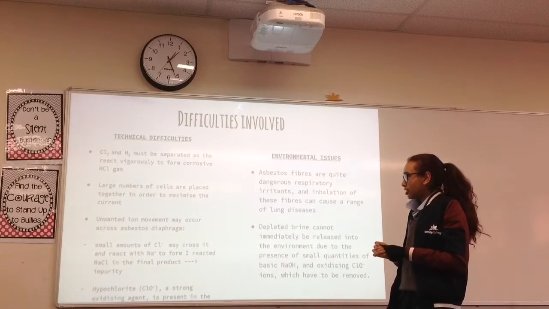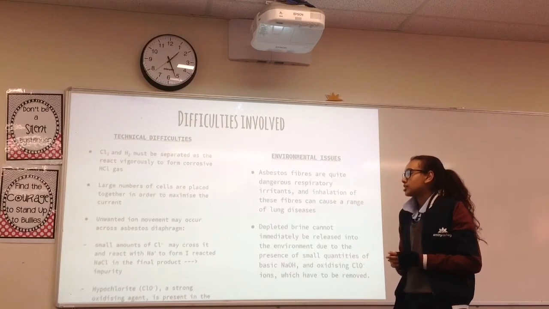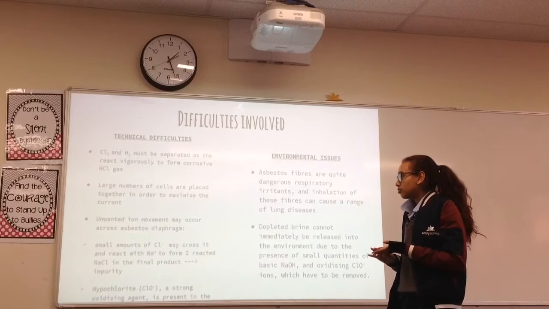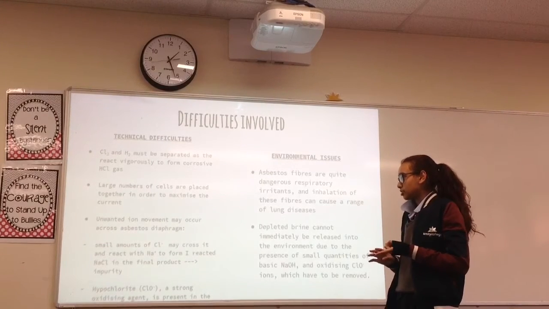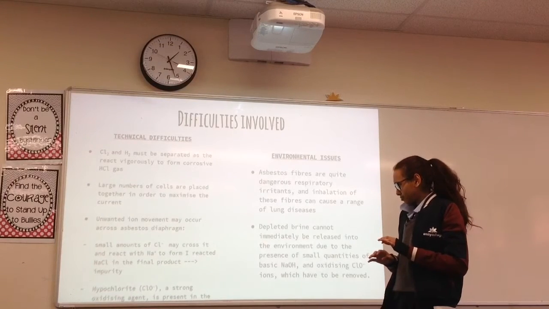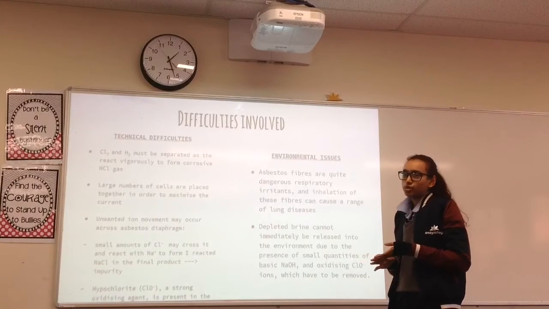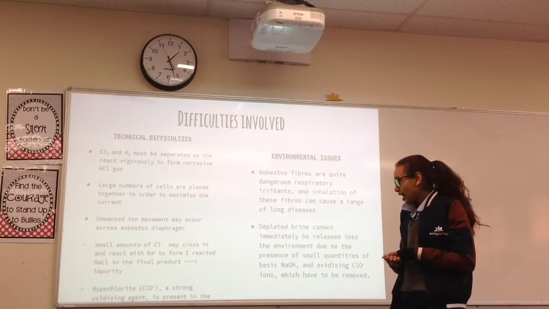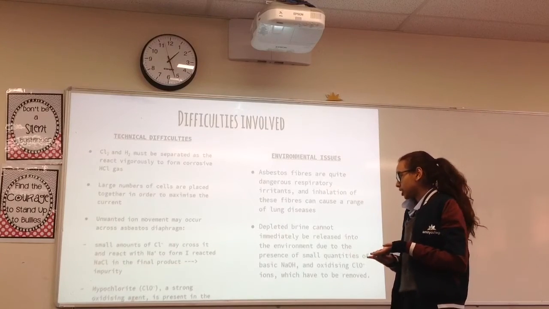A large number of cells are placed together in order to maximize the current, and unwanted ion movement may occur across the asbestos diaphragm, so small amounts of chlorine may cross it and react with the sodium to form NaCl in the final product, which acts as an impurity, and hypochlorite, which is a strong oxidizing agent, may also be present.